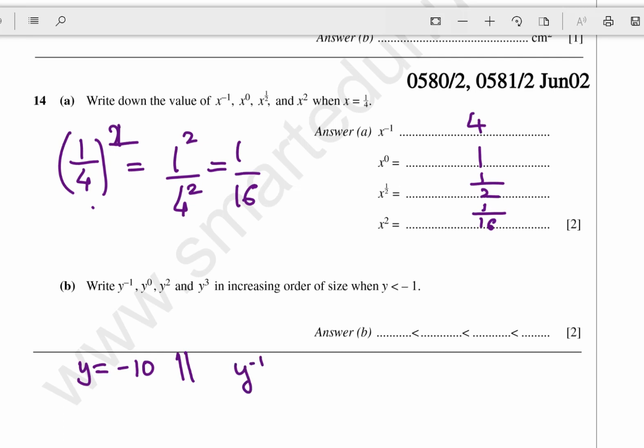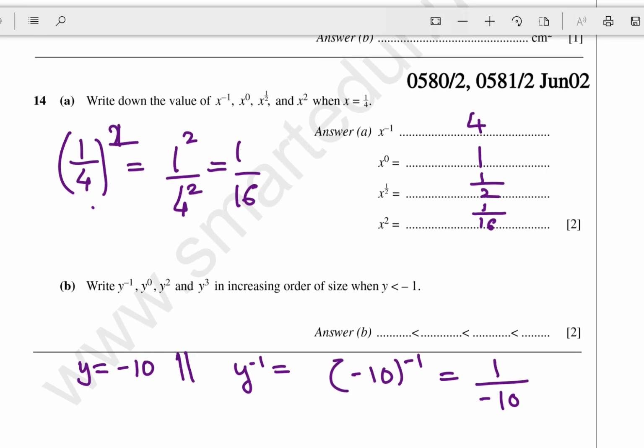So y raised to minus 1 means what? I'll substitute the value of y here. So that becomes minus 10 raised to minus 1, which is 1 upon minus 10.